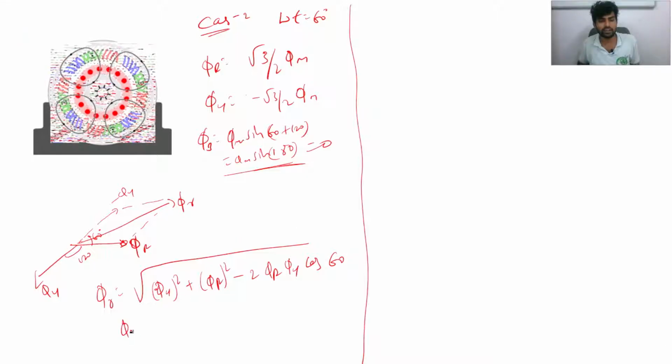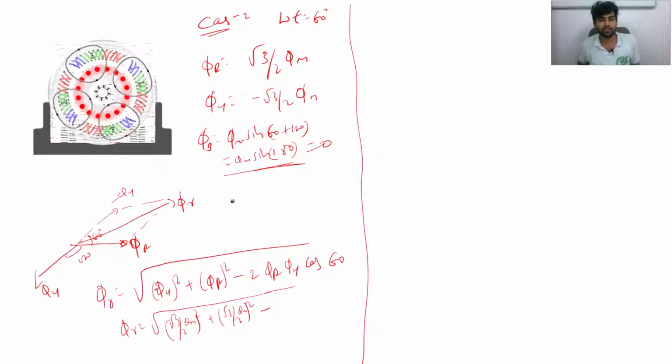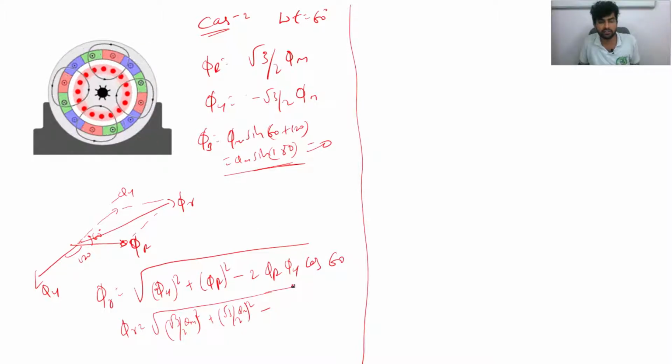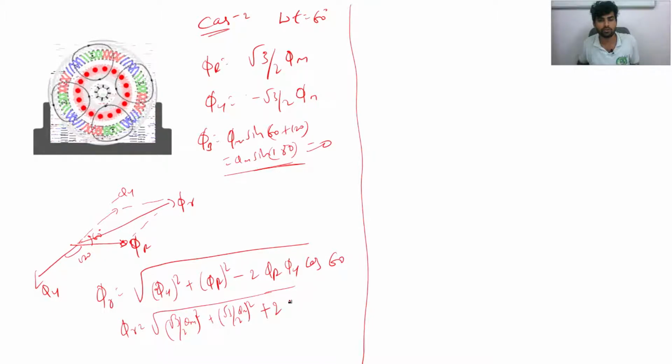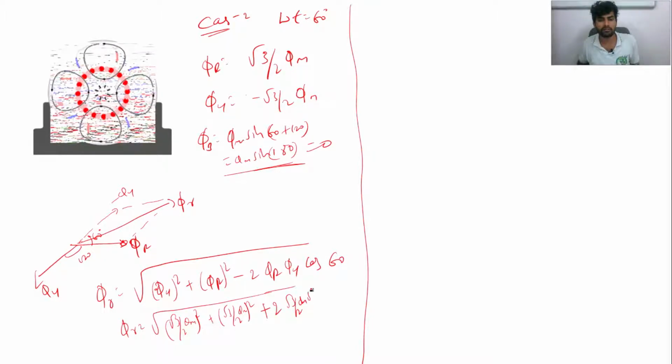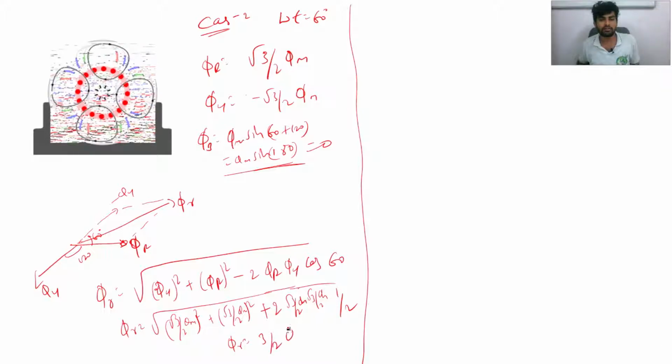So finally phi R is equal to, just substitute, root of (root 3 by 2 phi m) square plus (root 3 by 2 phi m) square, minus will be there, but here phi Y minus will be there, I'll take plus over here. Minus into minus plus we will get afterwards. 2 root 3 by 2 phi m, root 3 by 2 phi m, cos 60 is how much? 1 by 2. Finally, we will get phi R is equal to 3 by 2 phi m. Okay.